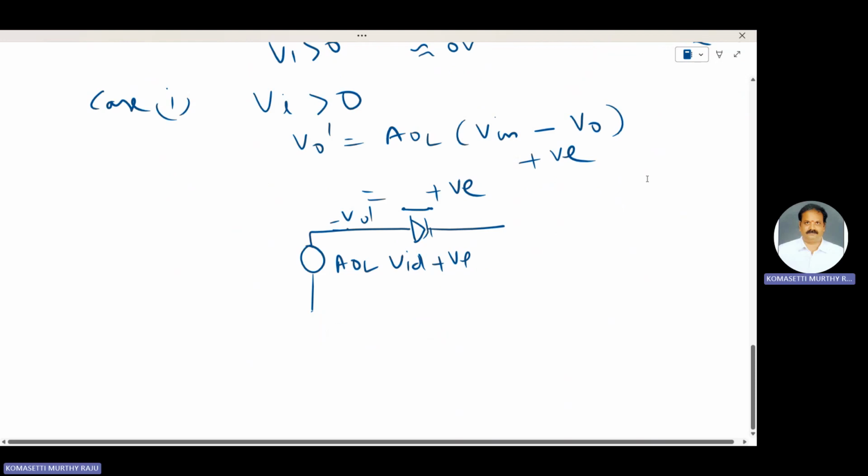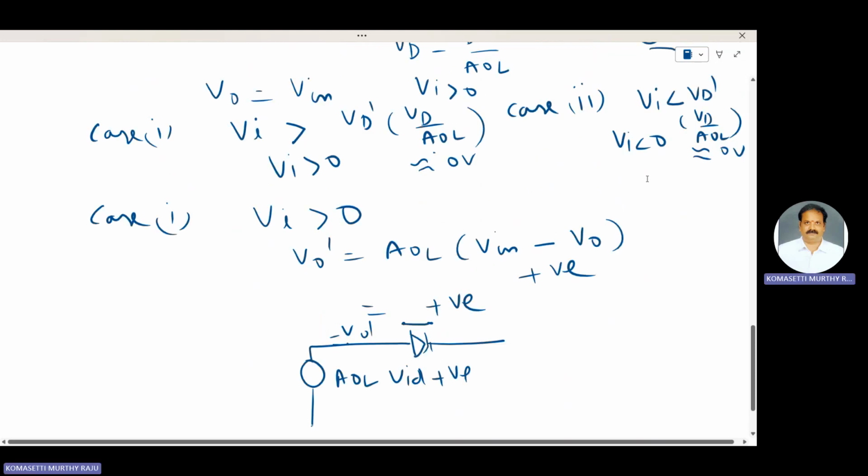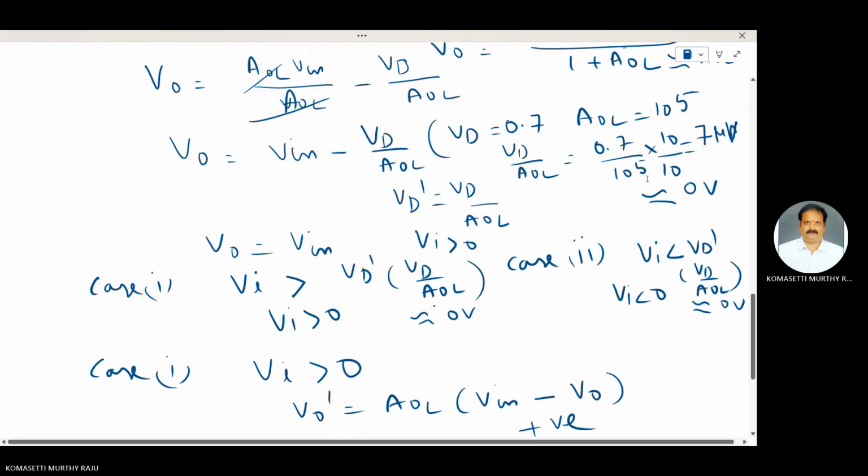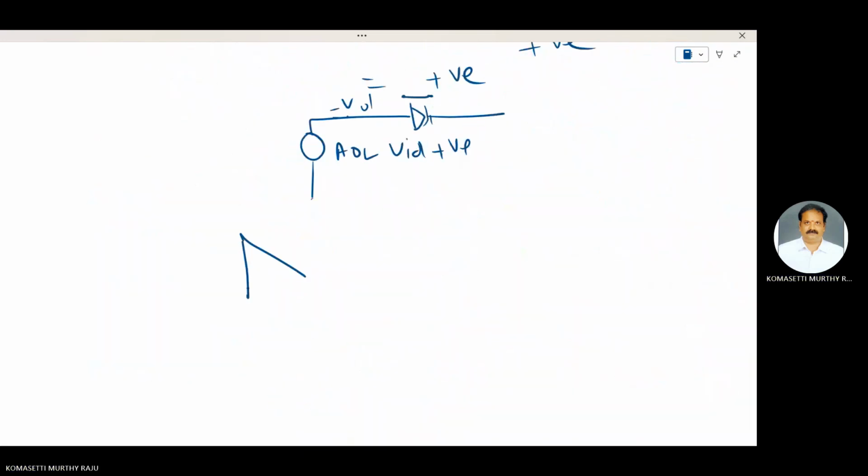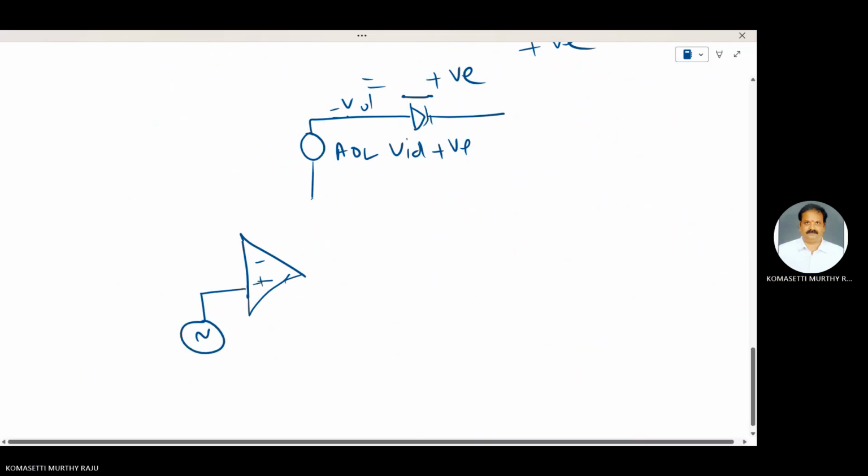Now the diode is replaced, and the circuit is replaced with a closed switch. This one is VA. The load resistance RL is connected here.